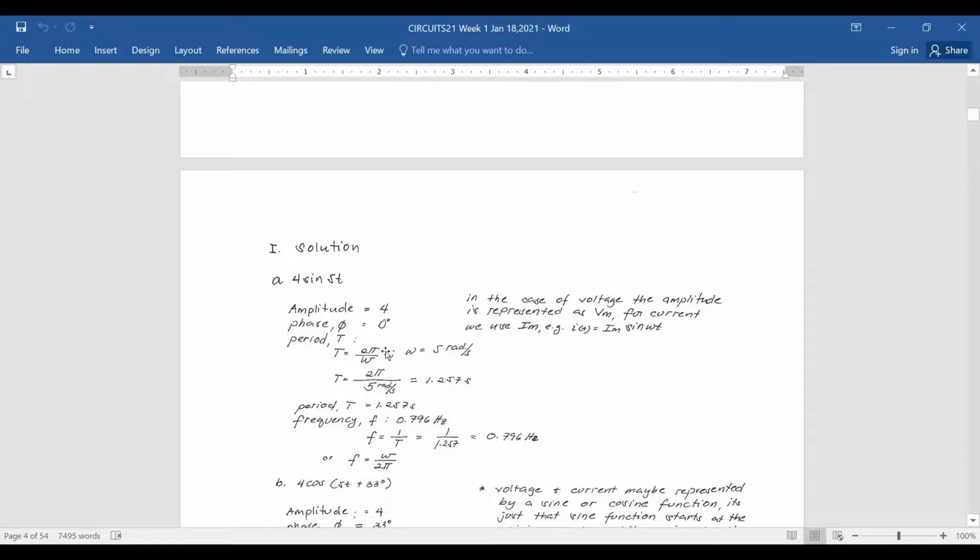The period T is 2 pi over W, substituting W equal to 5, so our capital T period is 1.257 seconds. If we take the reciprocal of this, it will give us the frequency. We have 4 questions here: the amplitude, followed by the phase angle, then the period capital T, and the last one is the frequency F.